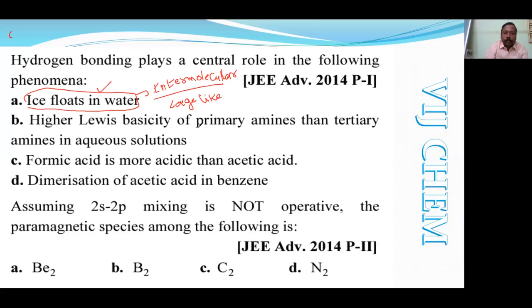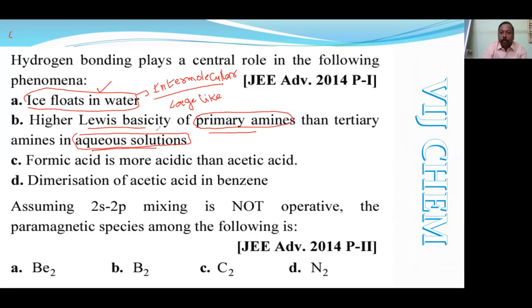Higher Lewis basicity of primary amine. In the aqueous state, actually, the amines order is discussed in two types: in the gaseous state, some other order, and in the aqueous state, some other order. Primary amine stability will depend on the protonation by the water, which further depends on the number of hydrogen bonds.